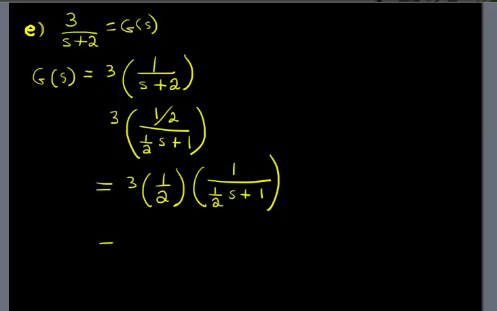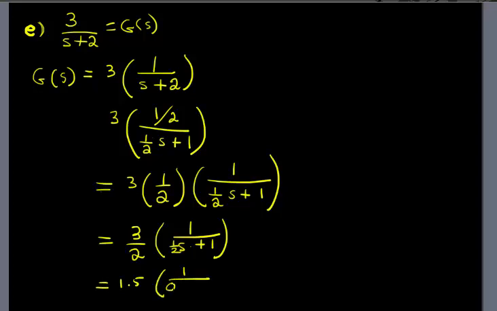If I combine the 3 and the 1/2, I get 3/2 times 1 over 1/2 s plus 1, and that equals 1.5 times 1 over 0.5 s plus 1. Okay, so I've made my fractions actual numbers there.